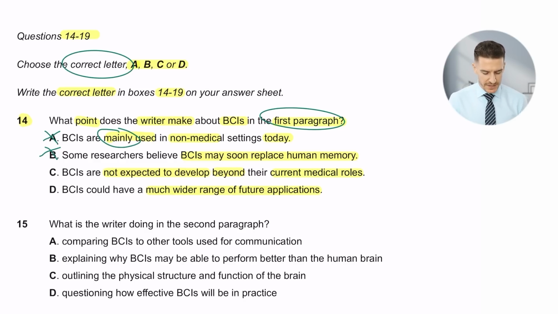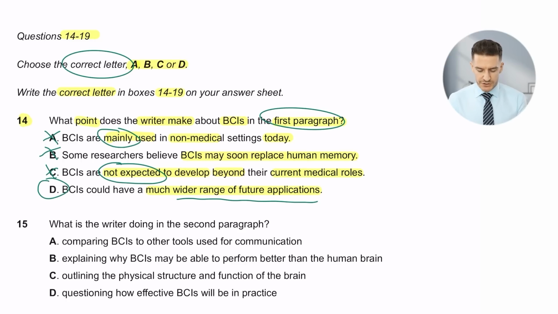That's the key thing. BCIs are not expected to develop. Well, no, that's not true. It was talking about how they will probably develop and get better. BCIs could have a wider range of future applications. Yes, that is exactly what it was talking about. So D is the correct answer there.